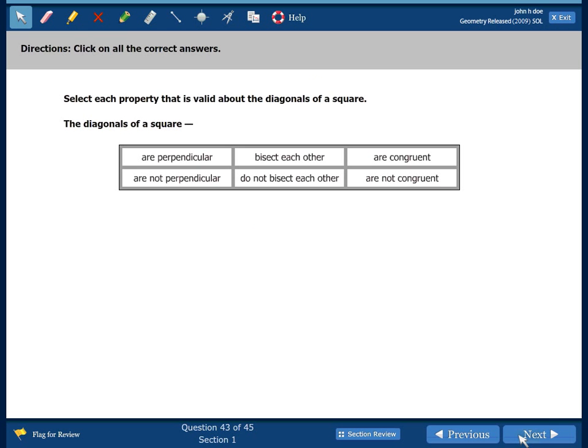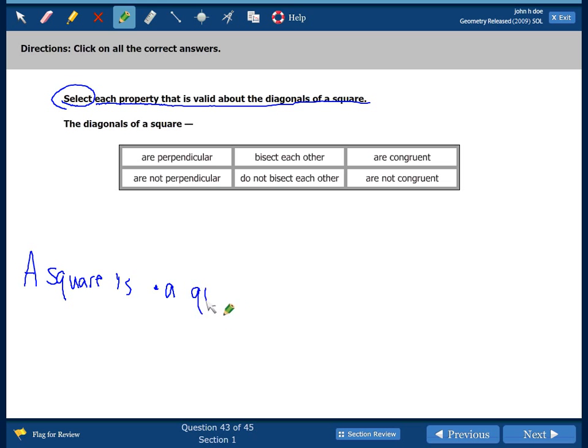To be able to do this problem, you need to know the properties of a square. It says select each property that is valid about the diagonals of a square. So a square is a quadrilateral.